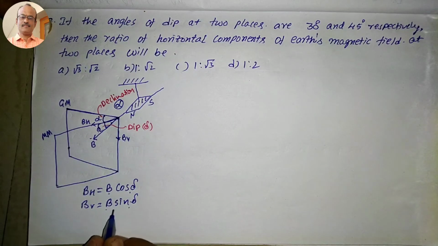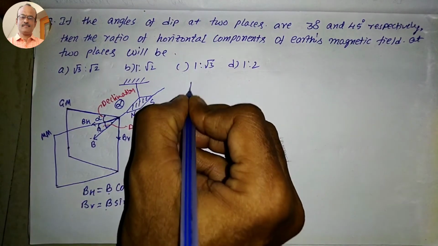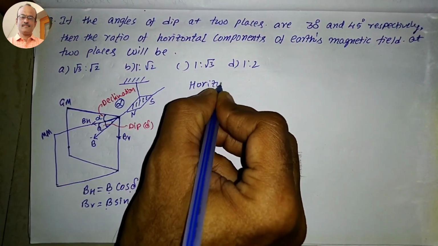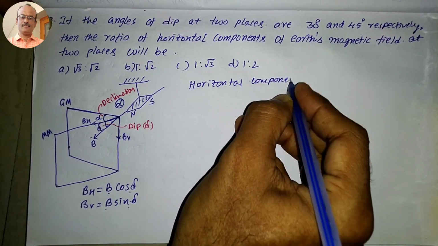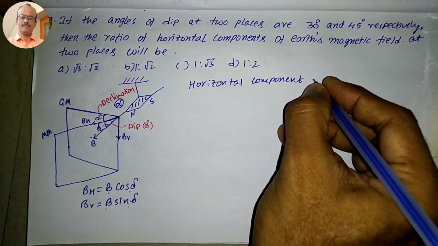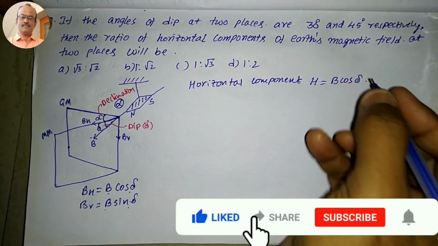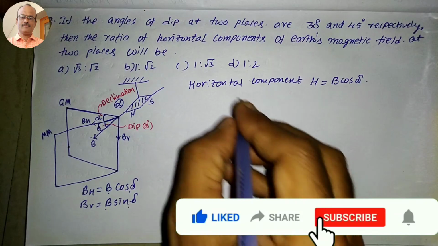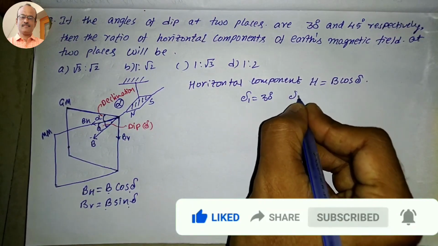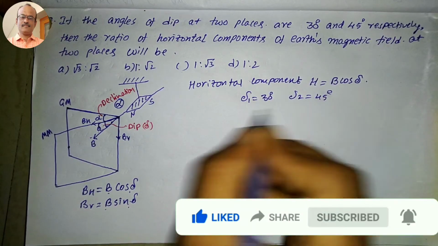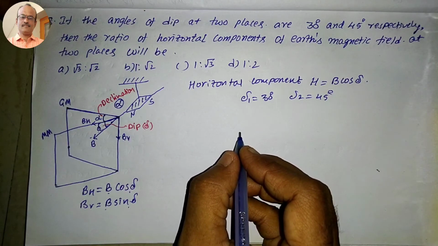So these two are there. But which one is given here? That is horizontal component. So here horizontal component, that is H, is equal to B cos delta. But here delta 1 is equal to 30 degrees and delta 2 is equal to 45 degrees. The ratio of horizontal components of Earth's magnetic field at a given place.